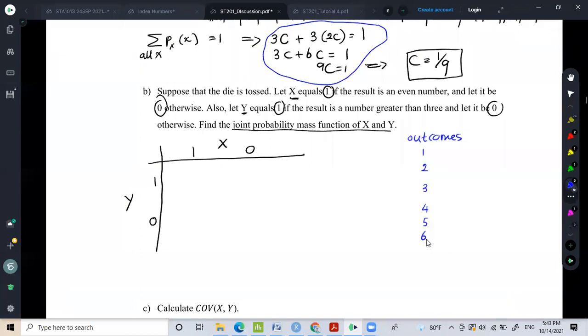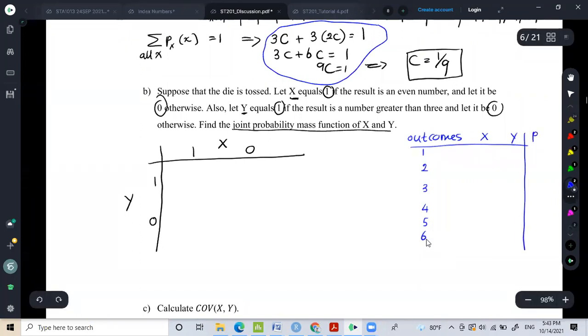Depending on the outcome, you can define what will be your x and what will be your y, and the probabilities of these outcomes. Let's say this is u. So pu is there. We already know that they are 1 over 9, 2 over 9, 1 over 9, and so on.